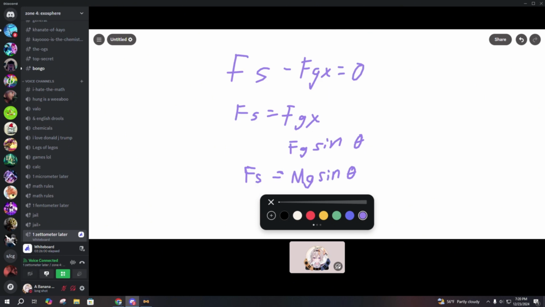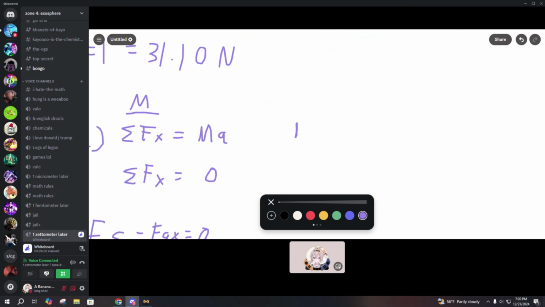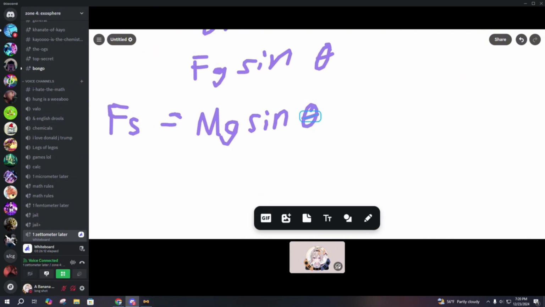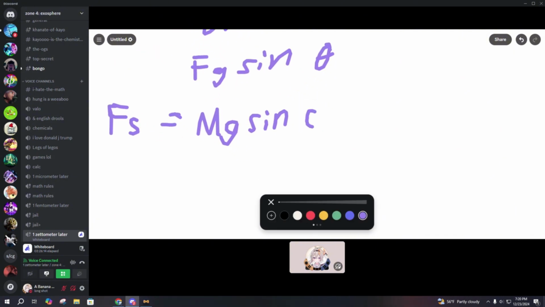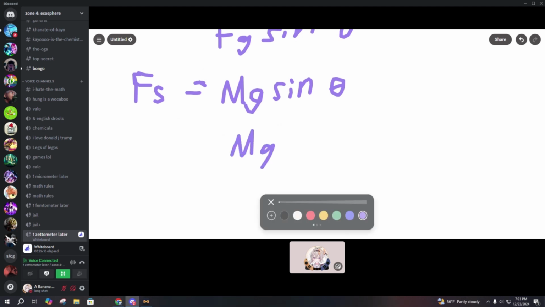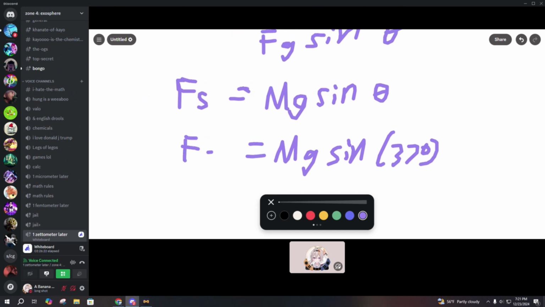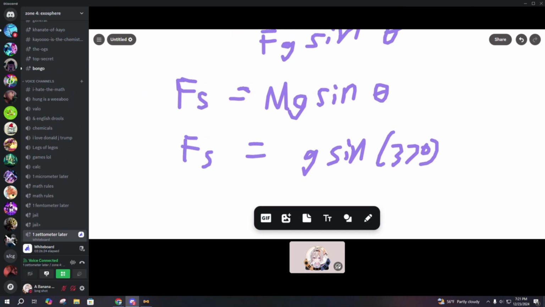And also, I'm finding this because I know mu s is equal to Fs over Fn. So Fs is just this, but what was theta? 37 degrees. This is equal to Fs. But what was M and what was G?